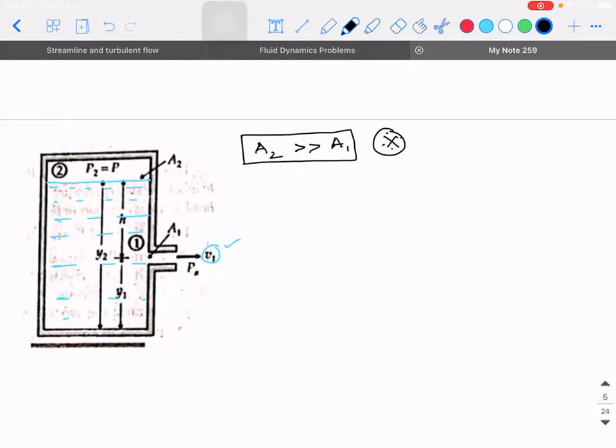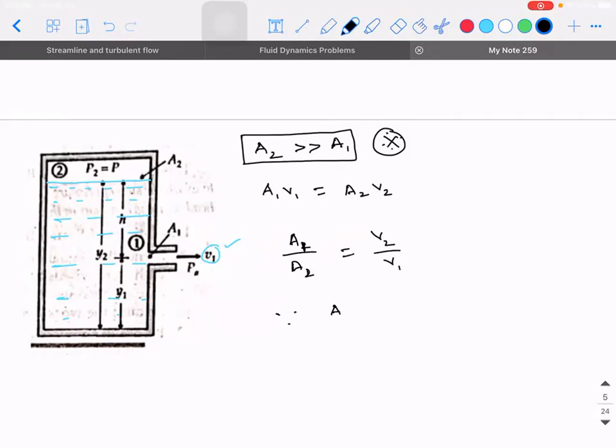Wherever you see liquids flowing, if it is an ideal fluid, you can directly write the equation A1V1 is equal to A2V2. So A2 by A1 is equal to V1 divided by V2, or A1 by A2 is equal to V2 divided by V1.